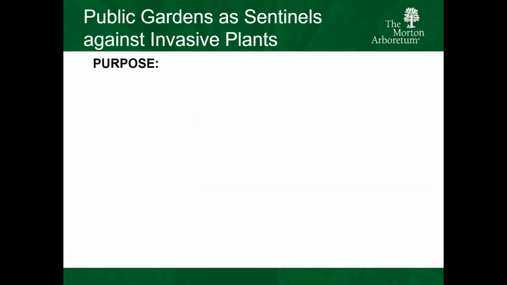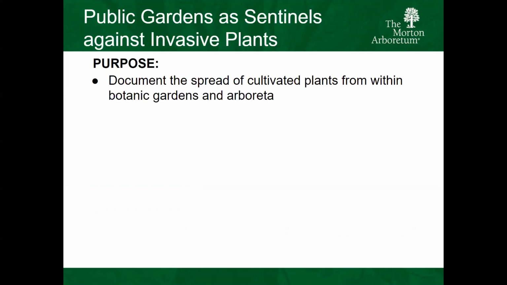Today we're going to talk about the database, but I want to start off by going back to the top with the overall purpose of our initiative that we're calling Public Gardens as Sentinels Against Invasive Plants. It's helpful to ground us and know where we're going overall. The purpose of our effort is that we want to document the spread of cultivated plants from within botanic gardens and arboreta.